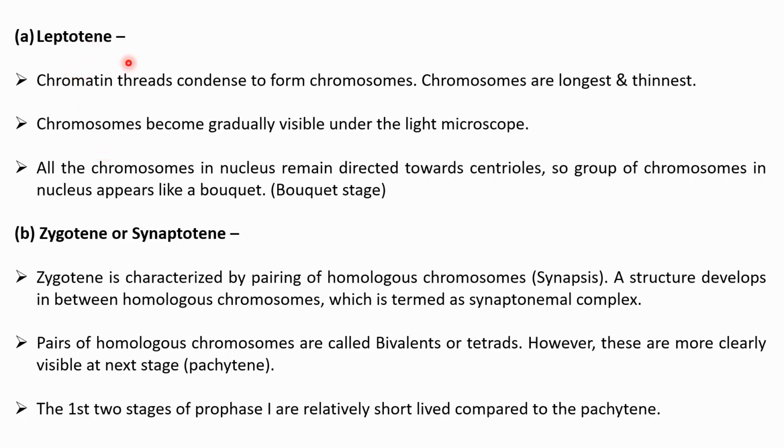During the leptotene, chromatin threads condense to form the chromosome. We know that at the time of interphase, the chromatin is present in an unwound manner in the nucleus. So these chromatin threads condense to form the chromosome, and chromosomes are longest and thinnest during this stage.